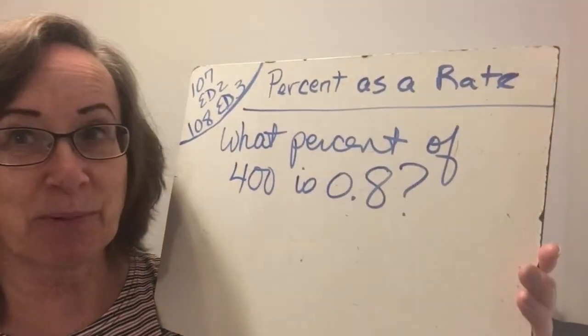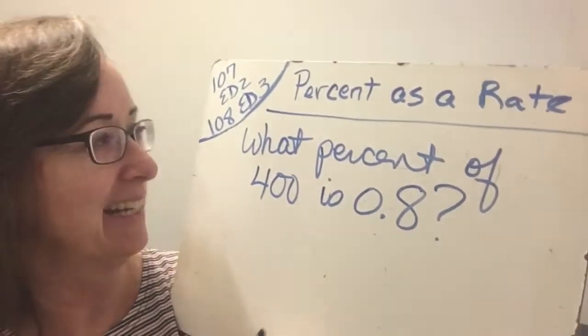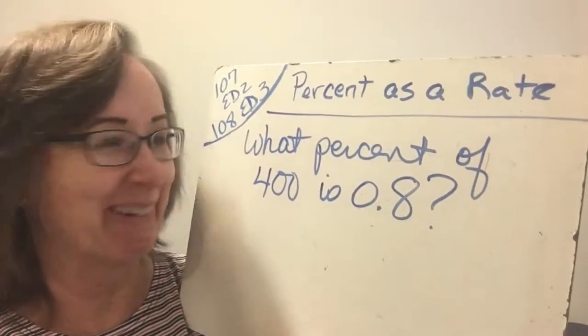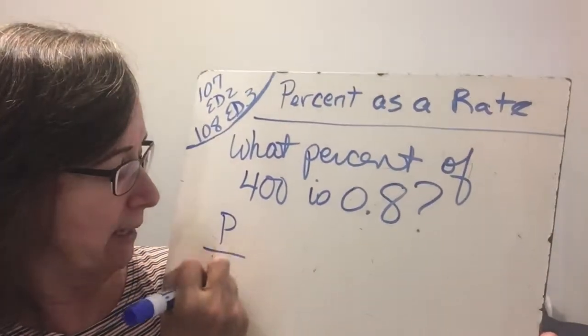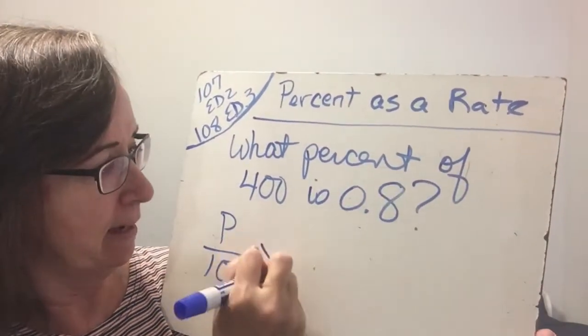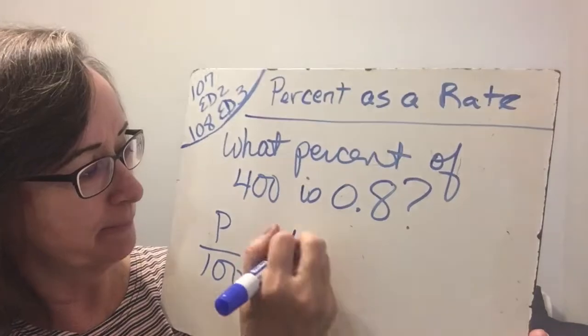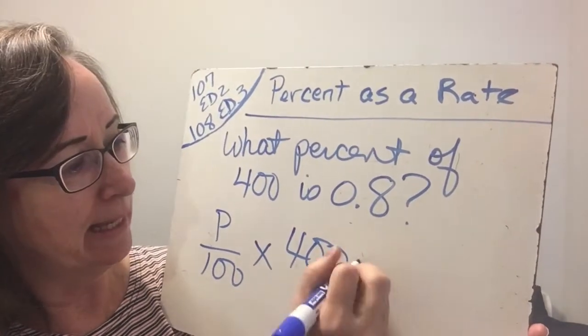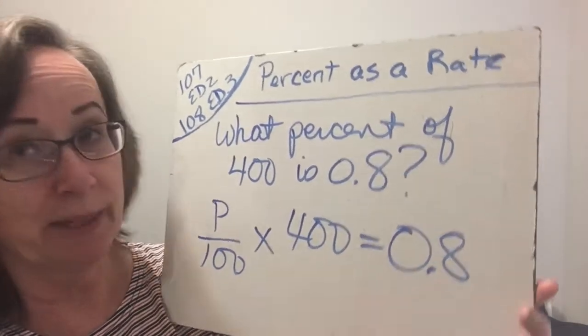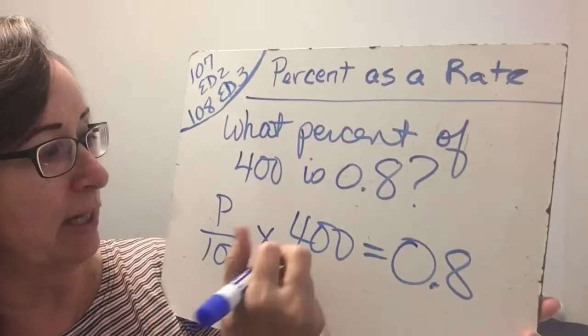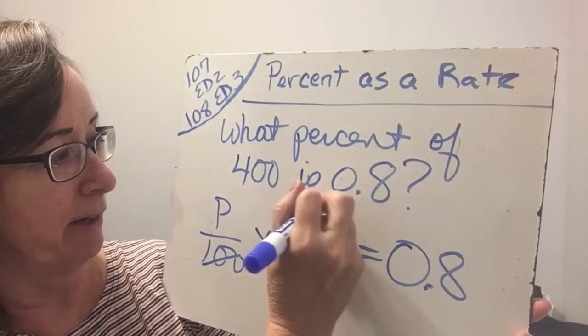This is the last problem on our practice set. Then you need to go do your homework, right? So what percent, again, we can write P over 100 of times 400 is equal 0.8. Oh, this one's pretty easy because look, it's already set up to cancel very nicely.